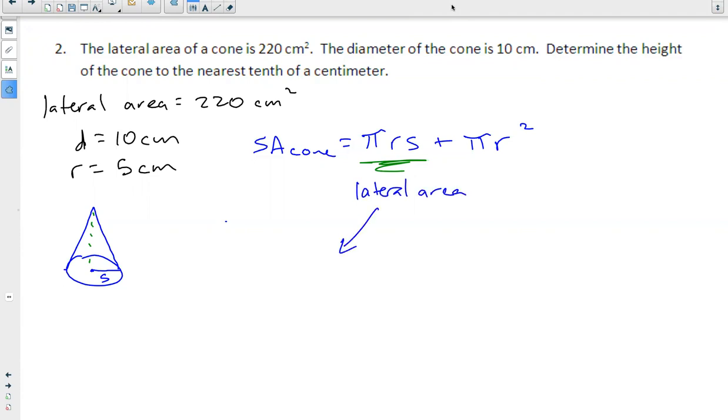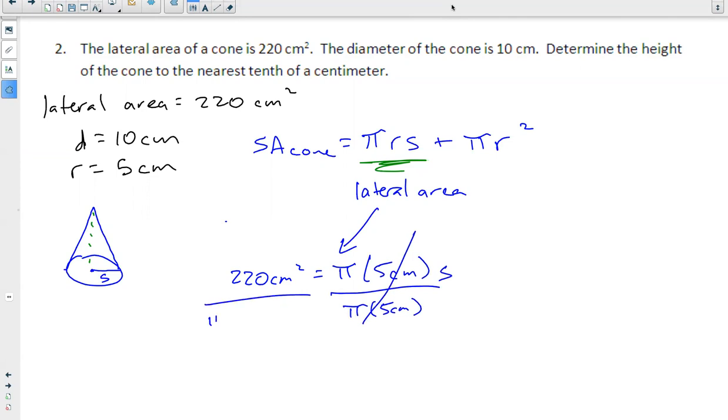Okay, so the lateral area, 220 square centimeters, is equal to pi times the radius, which is 5 centimeters, times the slant height, which we are looking for. Okay, so we're going to divide both sides by pi times 5 centimeters. Those will cancel. Okay, from there we get our slant height equal to 14.005 centimeters. Okay, so that is our slant height.